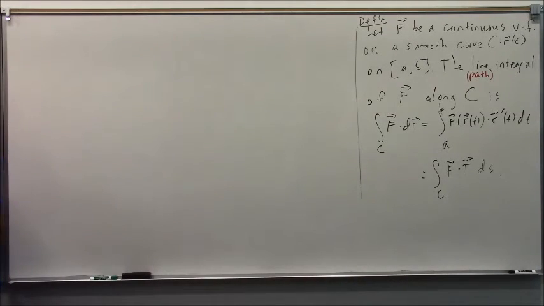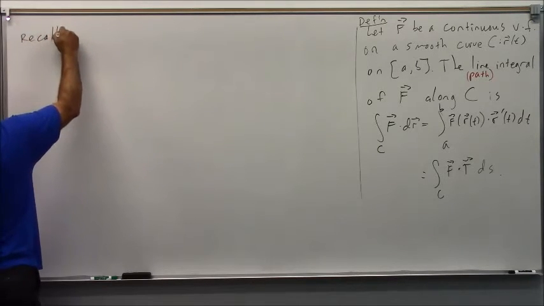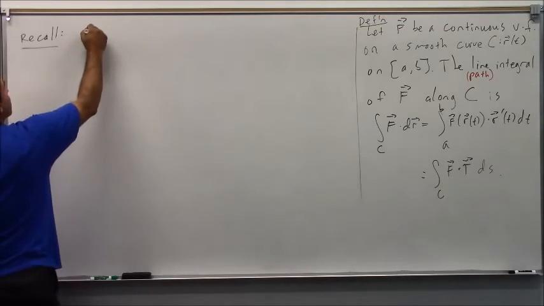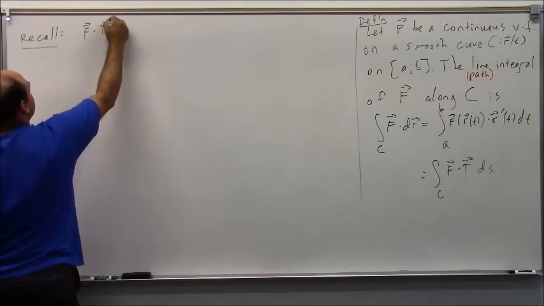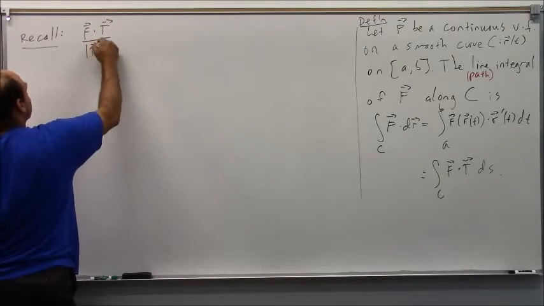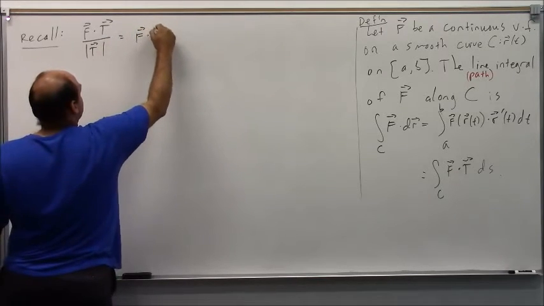So remember from before that we can project one vector onto another. So here, f dot t over the magnitude of t, well, t is a unit vector, so that's really just f dot t.